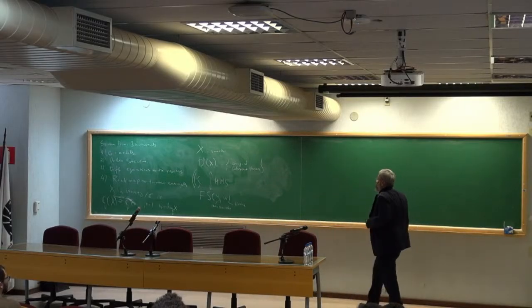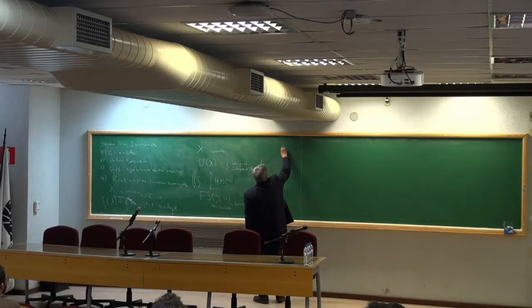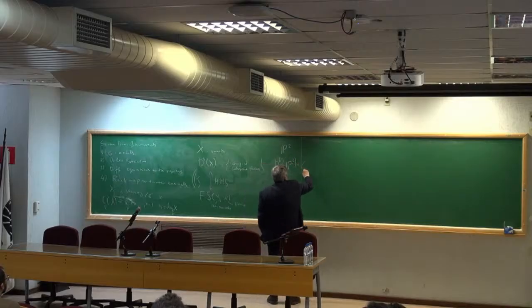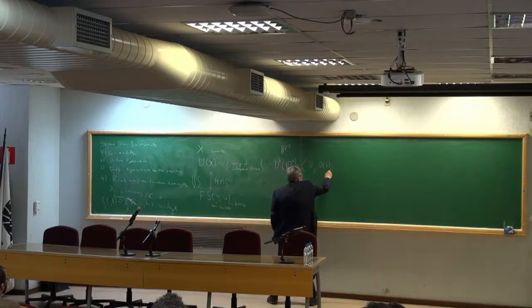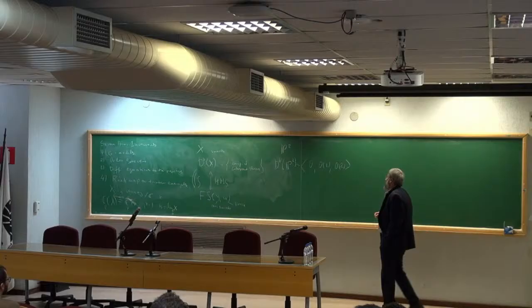Now let's look at one example, the example of P2. The derived category of P2 has an exceptional collection of the following objects. It has many others.